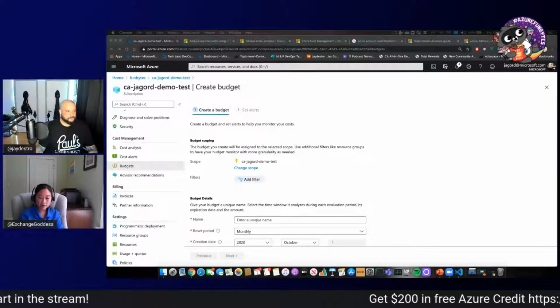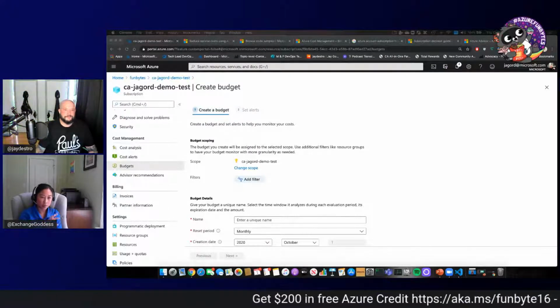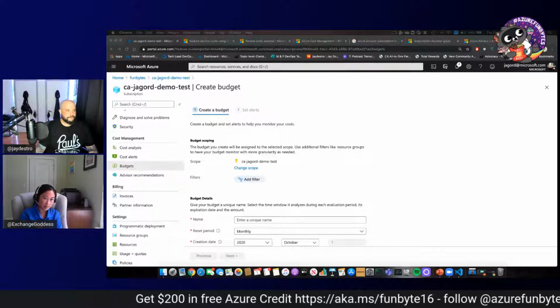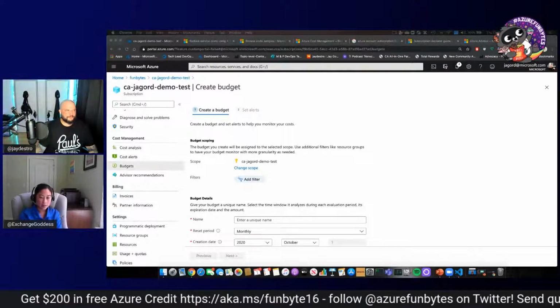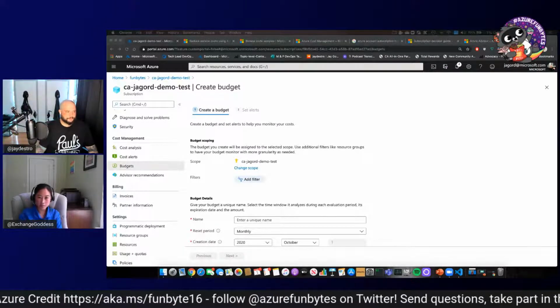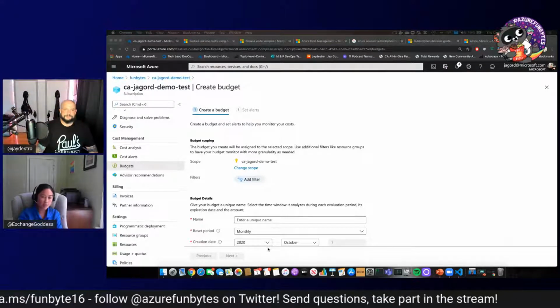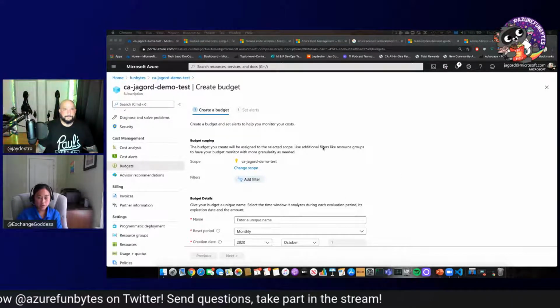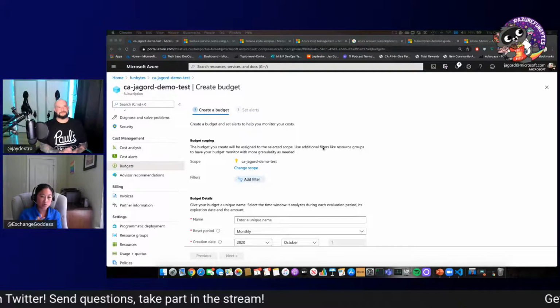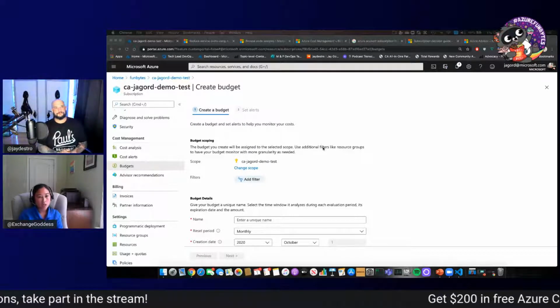So if you have a different team of people that manage billing, you can give them read-only access, or specific access into cost management. You can create custom roles so that they're able to do these reports and whatnot.